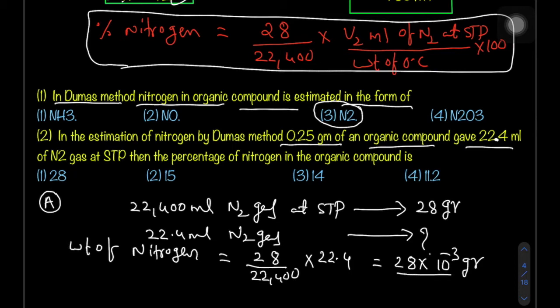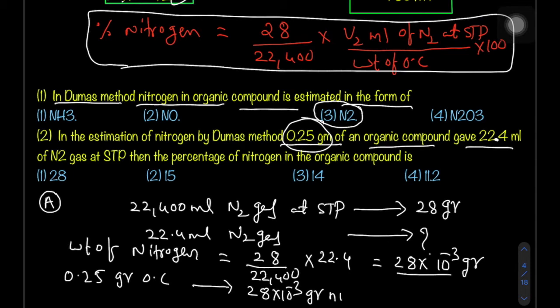Now convert this into percentage. How much of the sample is given to you? 0.25. 0.25 grams of organic compound has 28 into 10 raised to minus 3 grams of nitrogen. So the question is, in 100 grams of an organic sample, how much nitrogen will be present? Just the unitary method.